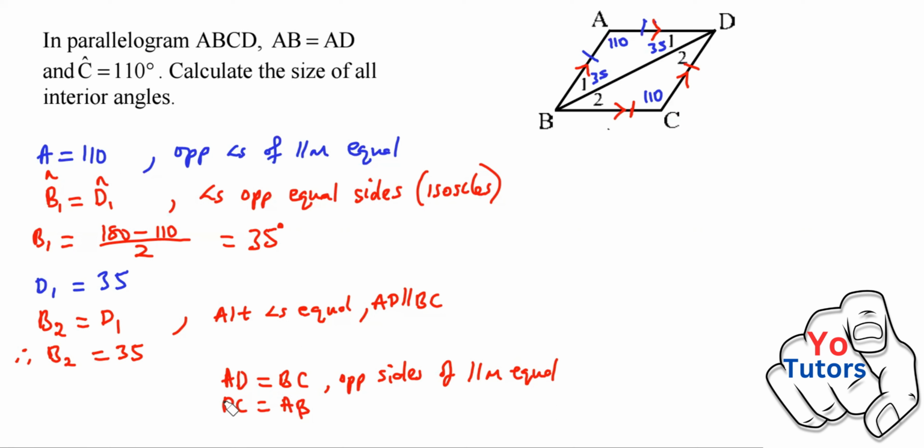If DC is equal to AB, then we know that these are also opposite sides of a parallelogram, equal. So now, if these two are equal, we know that AD is equal to AB there as well.